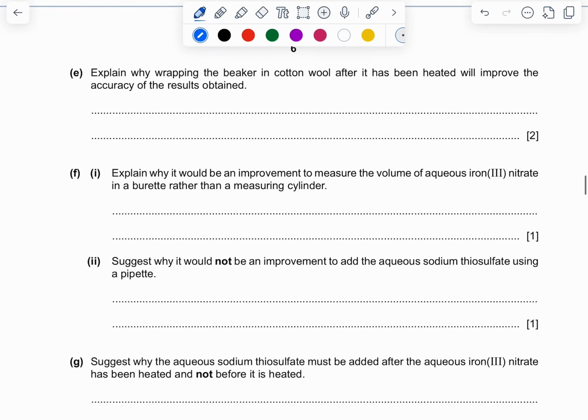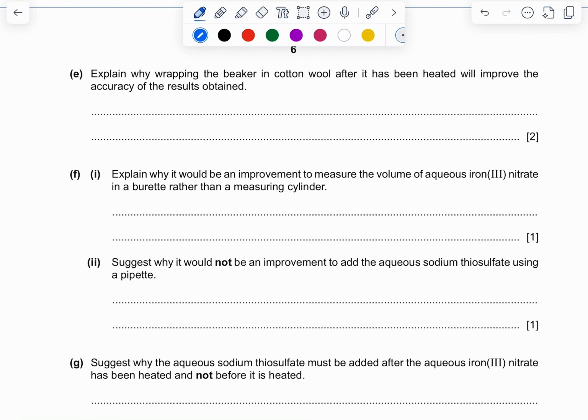Explain why wrapping the beaker in cotton wool after it has been heated will improve the accuracy of the results obtained. Because there will be less heat loss, right?